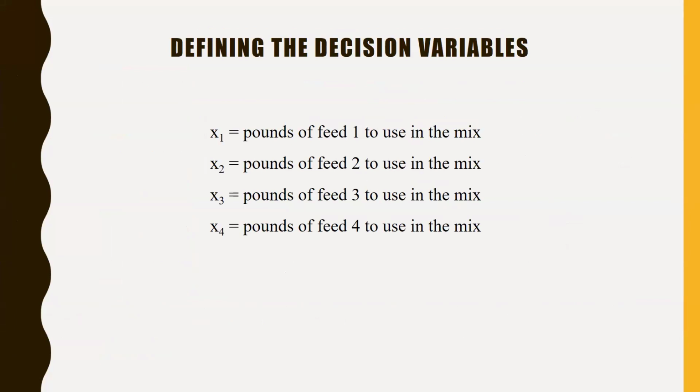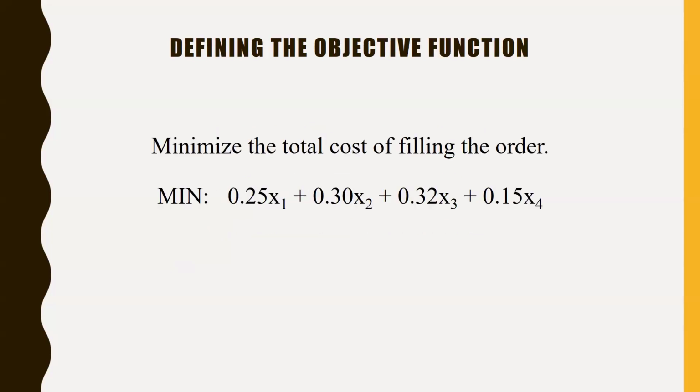Okay, X1 is the mass of feed 1 used in the mix. X2 is the mass of feed 2, X3 the mass of feed 3, X4 the mass of feed 4. This is the composition or percent of feed. We would like to minimize the cost.